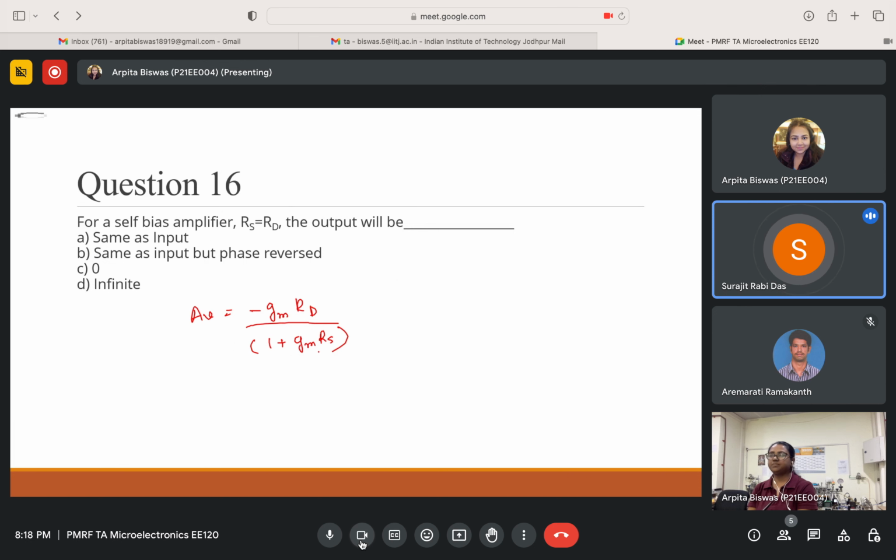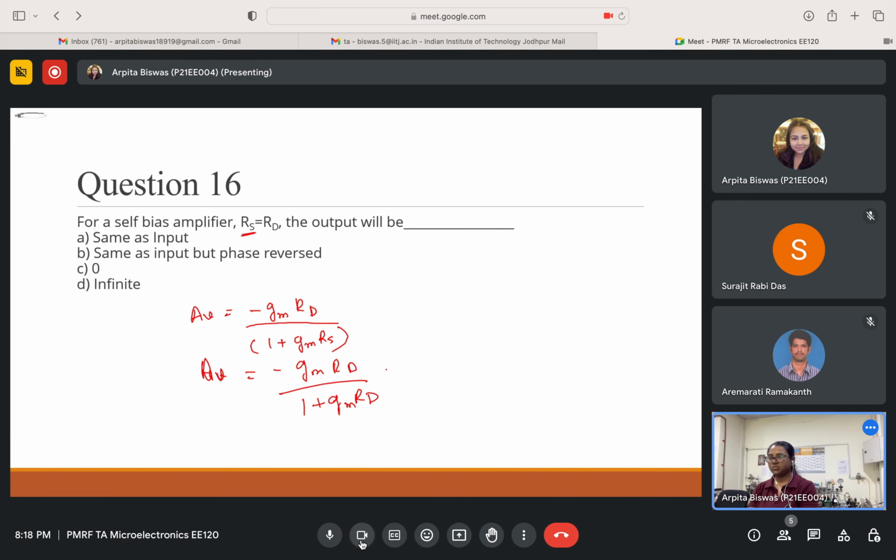Okay. Then see here, if it is a common source and the RS also is given, in that case we can write AV equal to minus GM RD by 1 plus GM RS. Just put the value here, AV equal to, write down 1 by GM into RD. So like GMRD by 1 plus GMRD, it is almost 1.